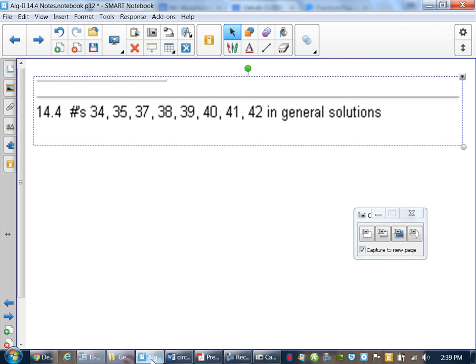I know the book says to do them within one revolution. The ones you guys did last week were supposed to be general solutions, but I thought that doing those on a Friday, it was easier to list everything, which appears to have been the right decision, instead of trying to get you guys to do general solutions first. So I want you guys to do the general solutions of these. We'll build more into this because they can get kind of goofy.